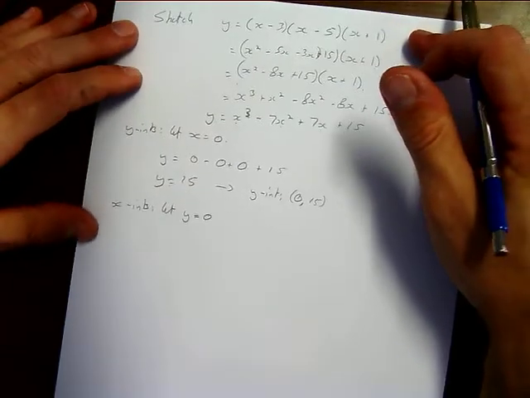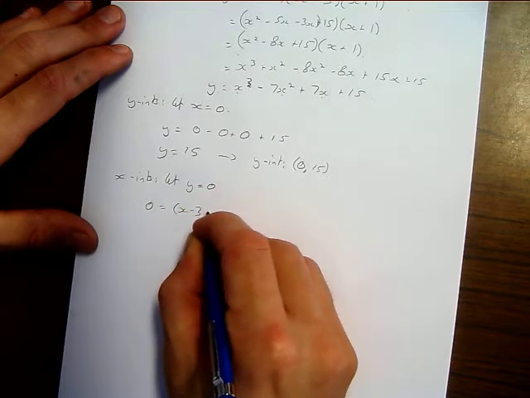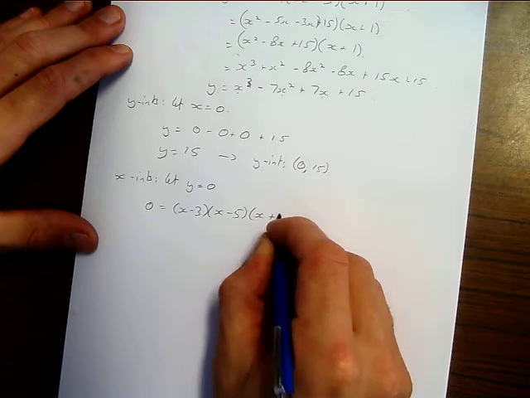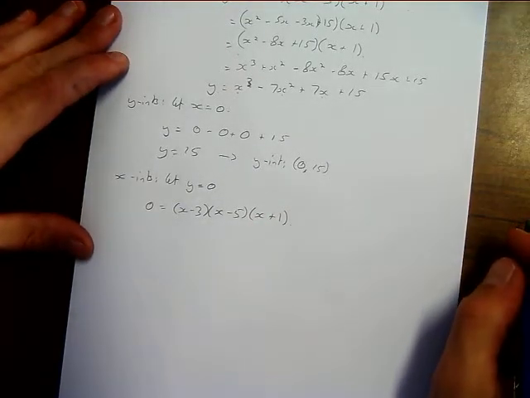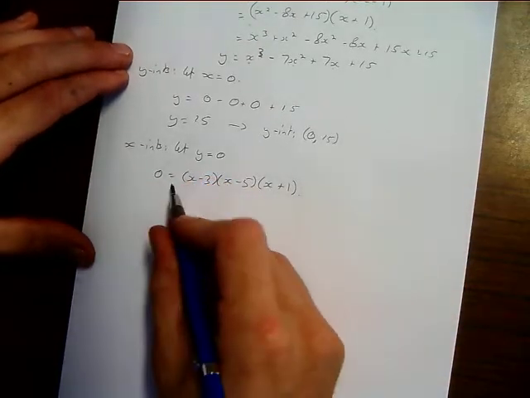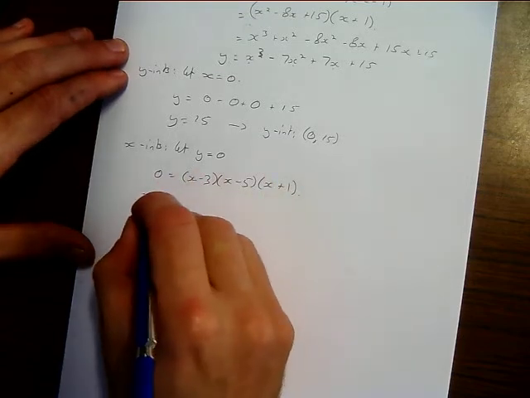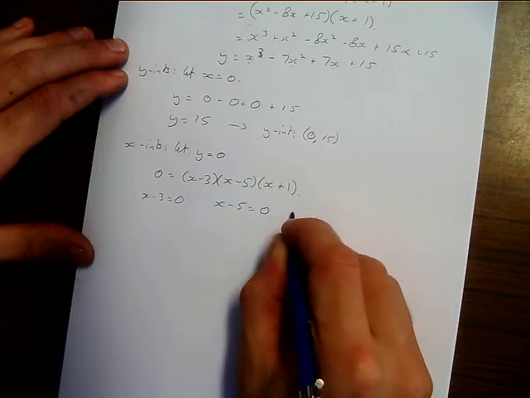The top one. So if we say 0 equals x take 3, x take 5, x plus 1, what can we use to solve that? We can use the null factor law. Because we have this already factorized, we can say x take 3 equals 0, x take 5 equals 0.